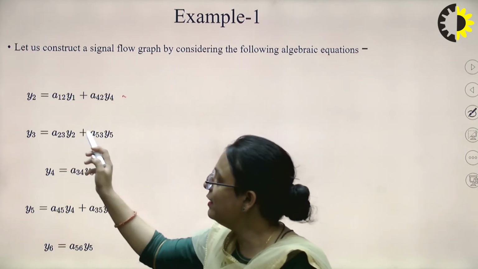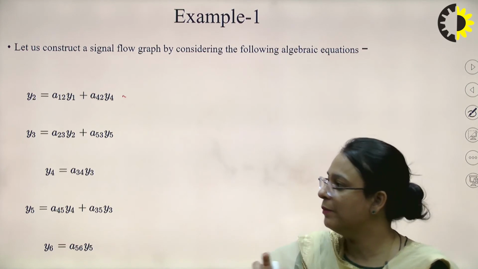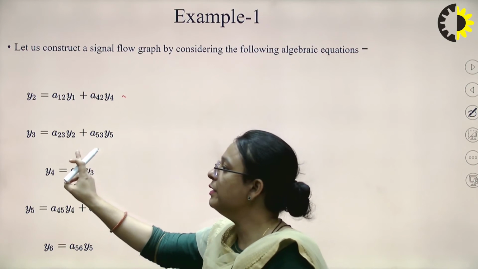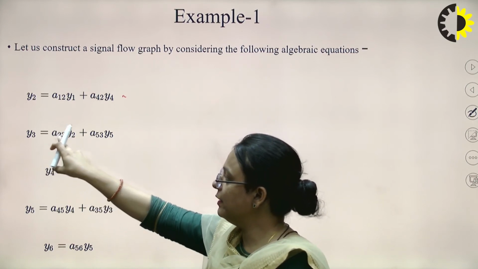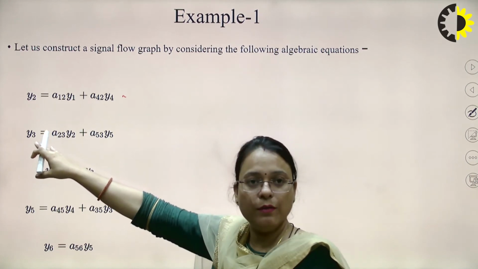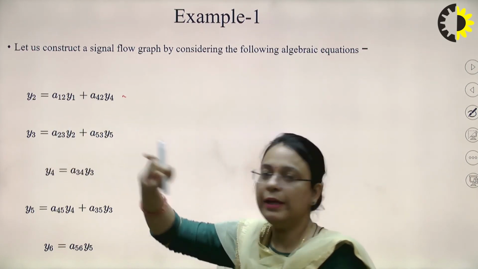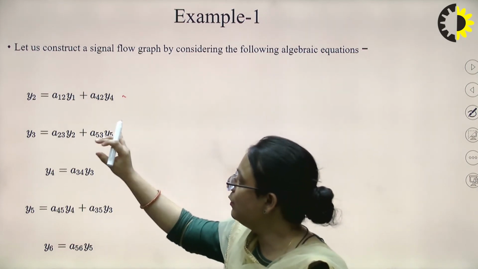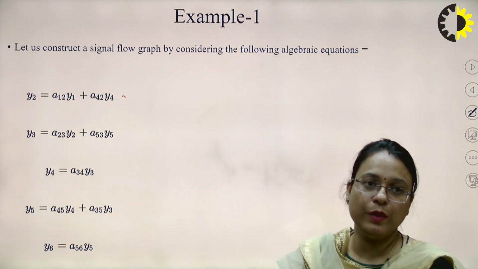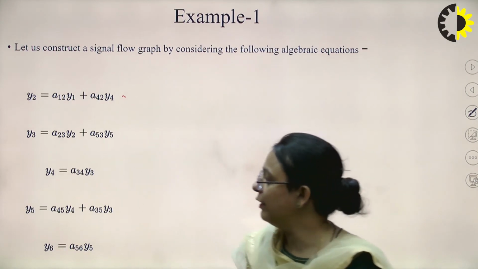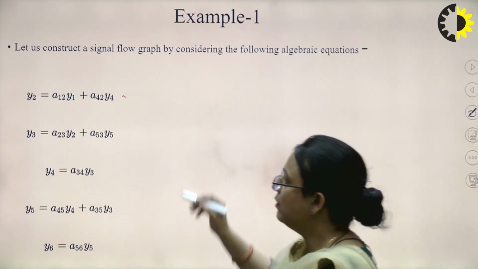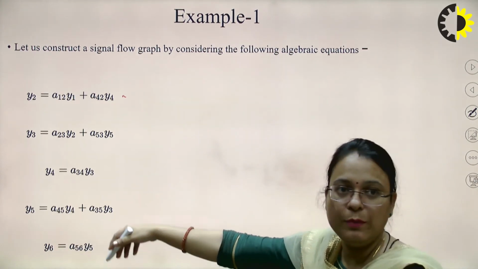Similarly, y3 is dependent upon the two variables y2 and y5. y2 is the node coming towards y3 with a23, and y5 is a signal coming to y3 with a53. Similarly for all. Now let's make these nodes one by one.